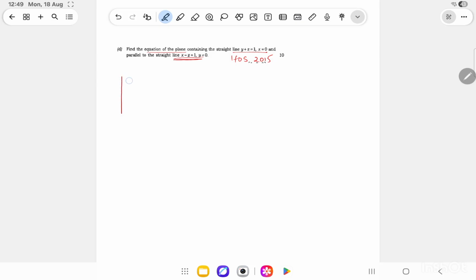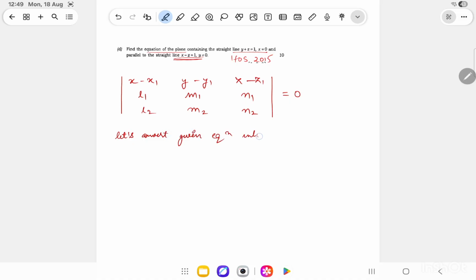That formula is the determinant with rows x minus x1, y minus y1, z minus z1; L1, m1, n1; L2, m2, n2, equals 0. I guess first I need to convert the given equations into symmetric form, then only I'll be able to substitute values in this formula. So first let's convert the given equations into symmetric form.